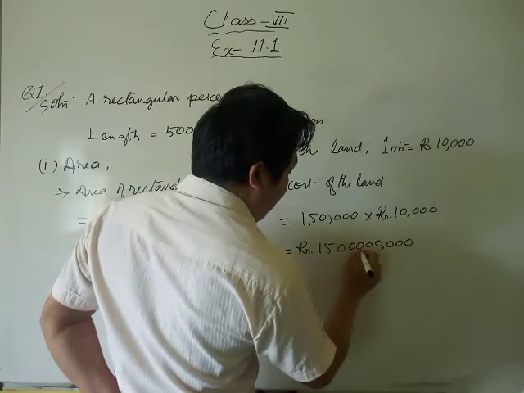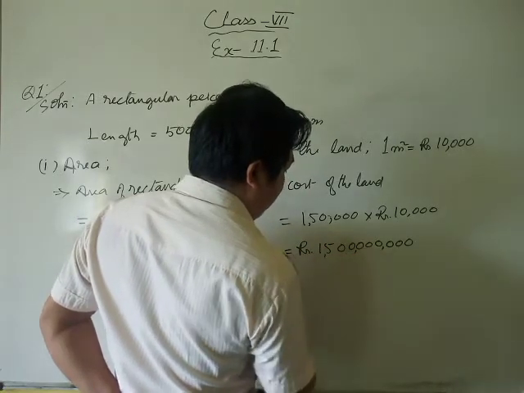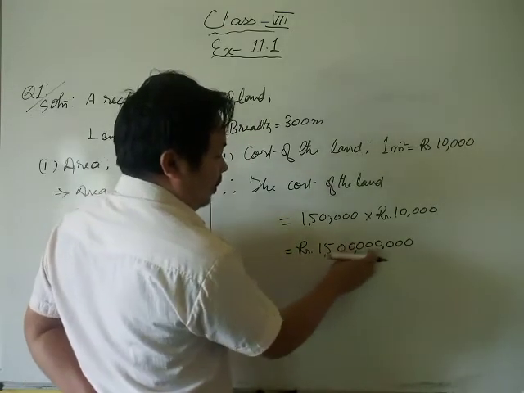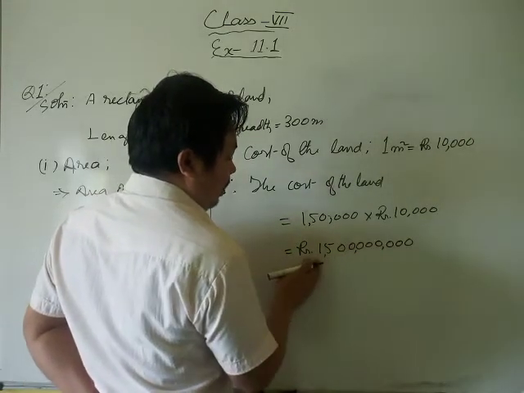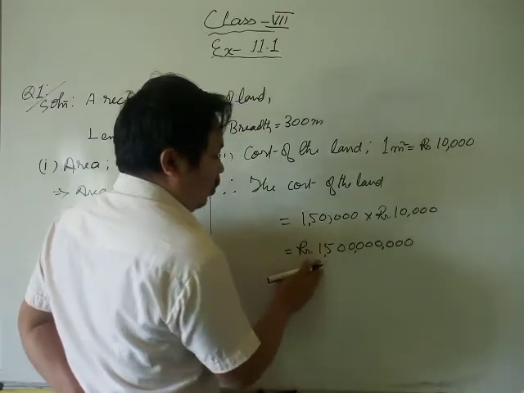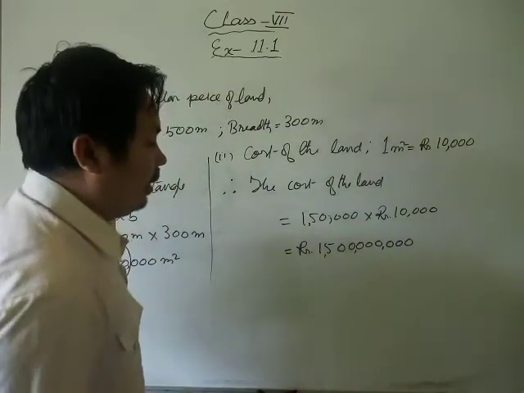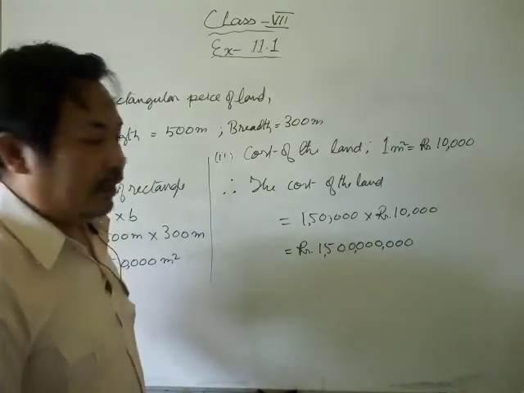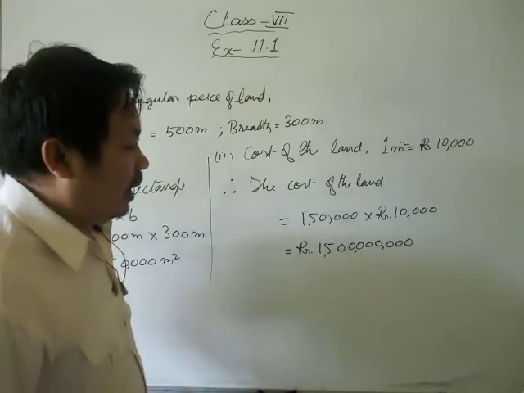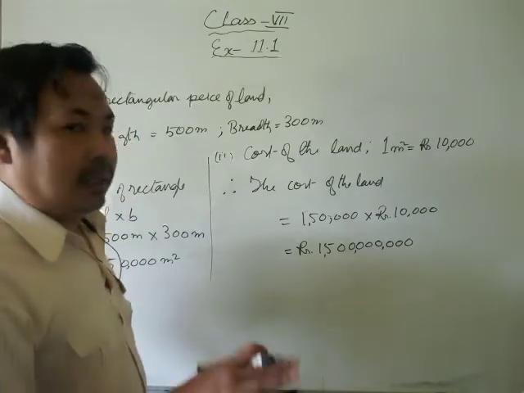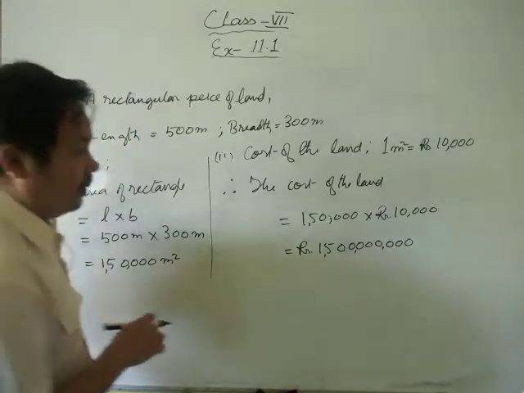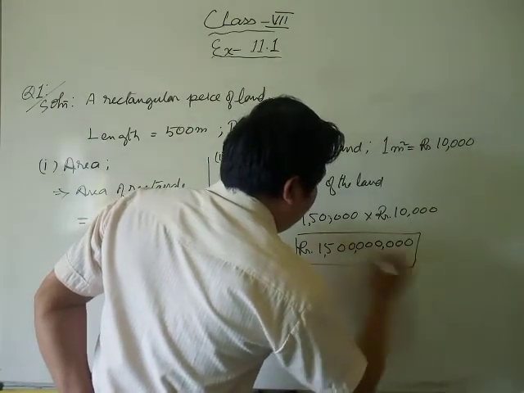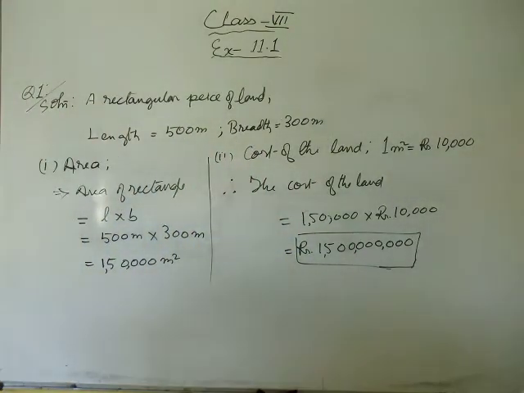So we are getting this much amount, that is 1,500,000,000 rupees, if we show it in the Western system. So this much amount is the cost of the land. Please note down.